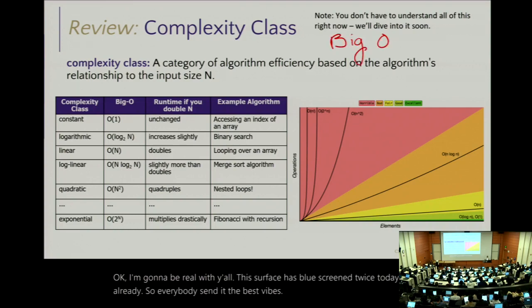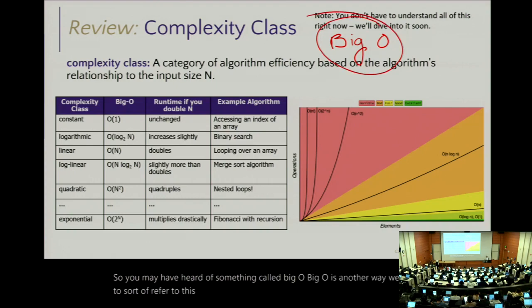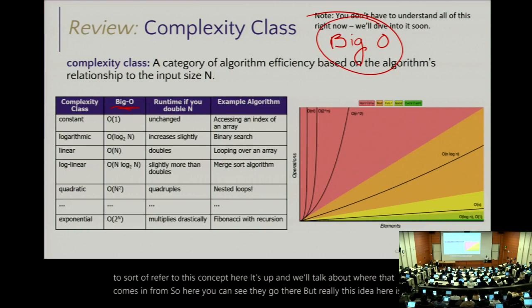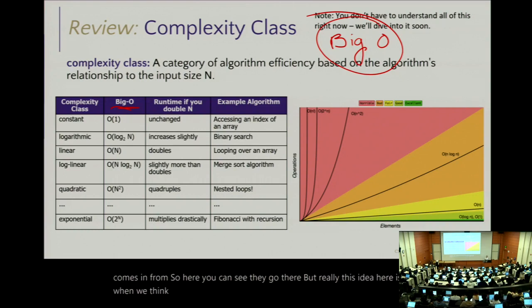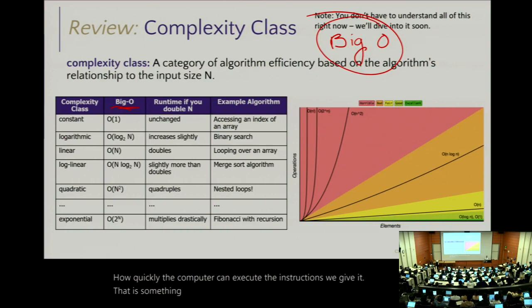Okay, so you may have heard of something called Big O. Big O is another way we use to refer to this concept here, and we'll talk about where that comes from. But really, this idea is that when we think about how quickly the computer can execute the instructions we give it, that is something we call the runtime of our code.